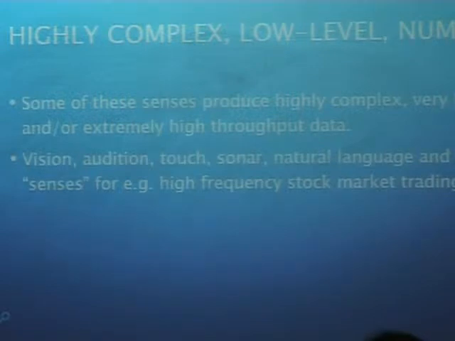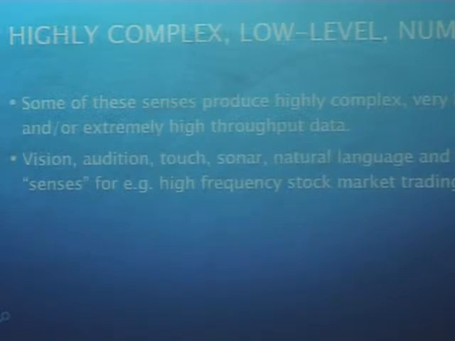However, some of these might be slightly problematic. Some senses, like for instance vision, audition, touch, sonar, natural language, are highly complex, low level, very numerous, high bandwidth, or throughput, I don't really have a good word for that, types of data. And these might be very difficult to deal with.